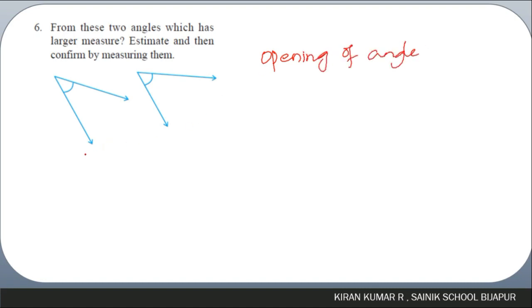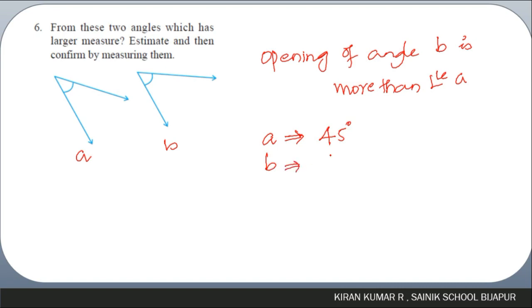Let me name this as A and this as B. Angle B is more than angle A. You need to measure them. On measuring, you will come to know that angle A will measure actually 45 degree and angle B will actually measure 60 degree. You can again check this out. What you need to understand is if the opening of the angle is more, that's larger.